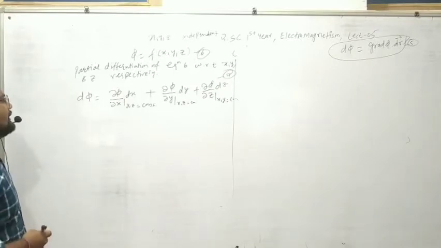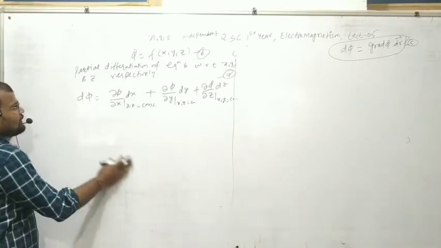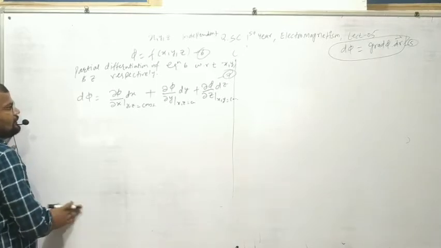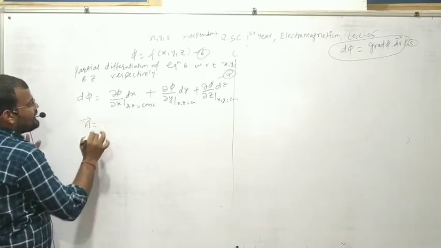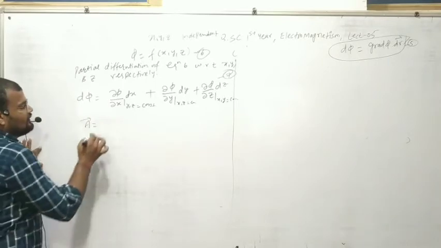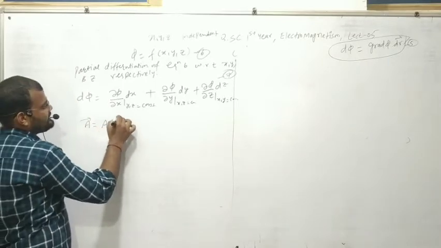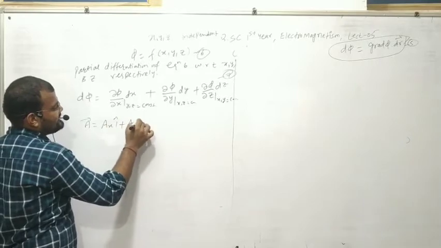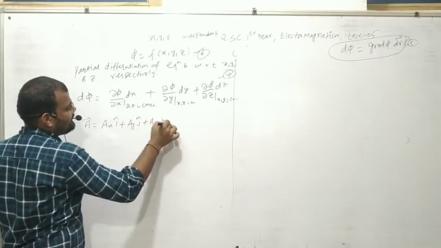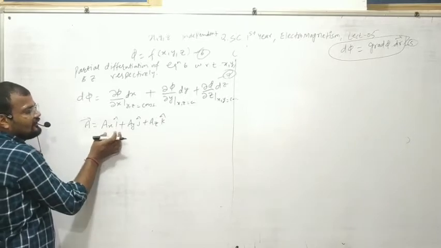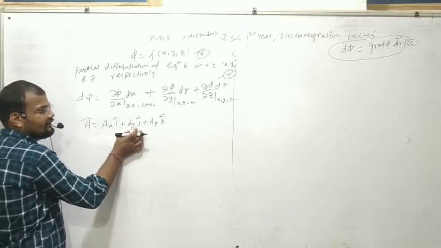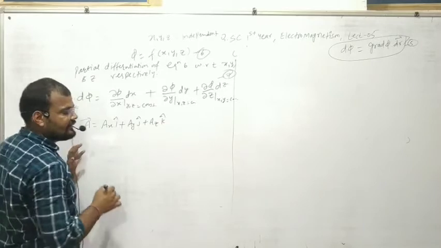Okay. Now what I want to do is this. Suppose you have a vector A which in component form is ax i cap plus ay j cap plus az k cap. Means in the x direction you have ax, in the y direction you have ay, in the z direction you have az.